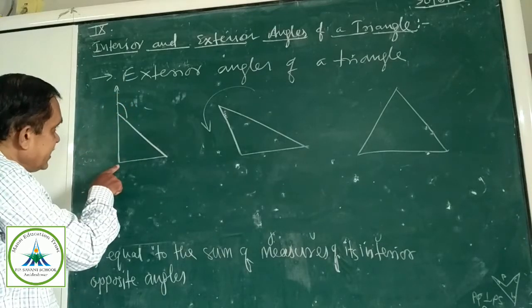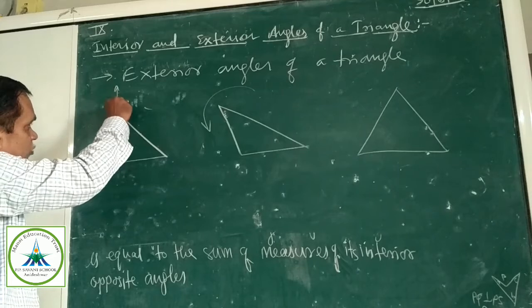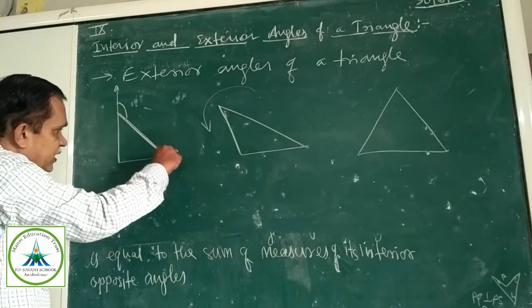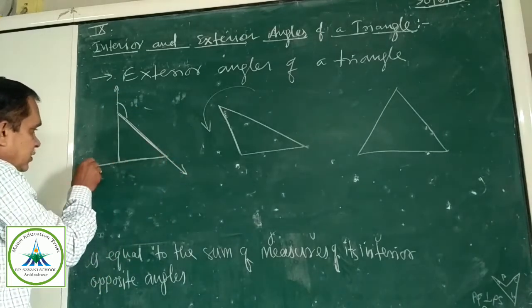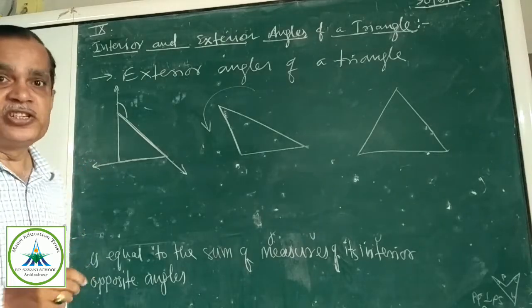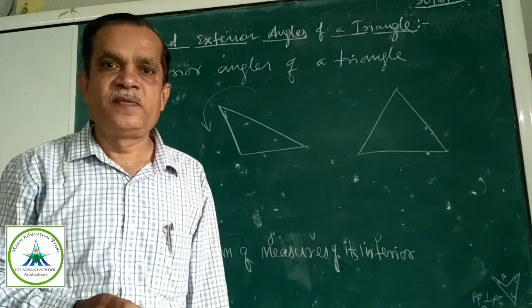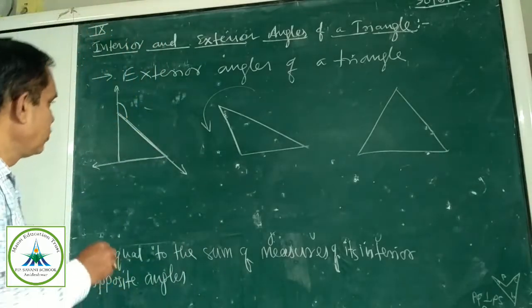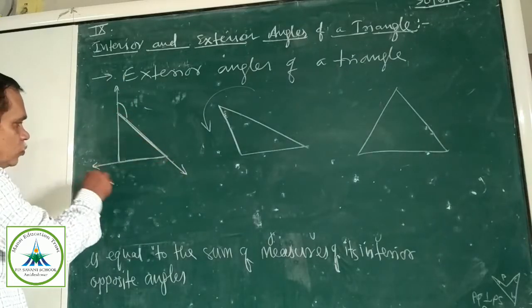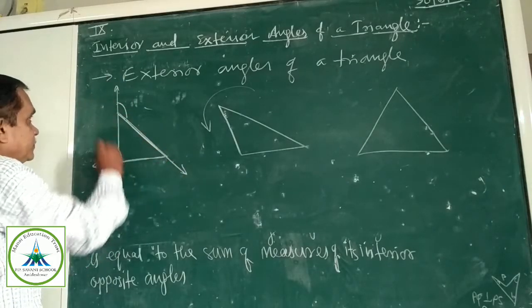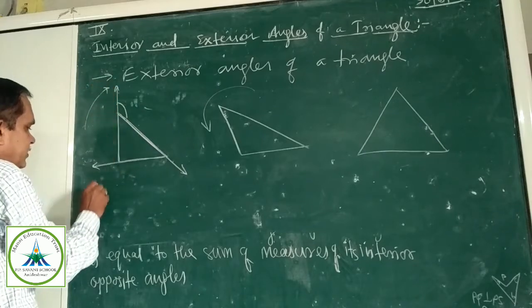If I extend this side in this direction, then I have to produce this side also in this direction, and this side also in this direction. This is called correct production of sides. Produced in this direction, so clockwise direction.